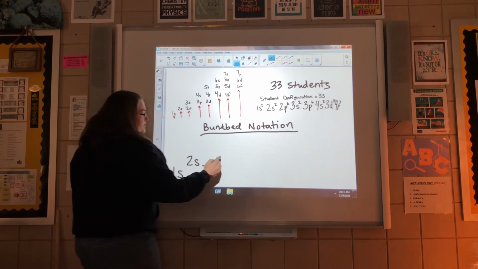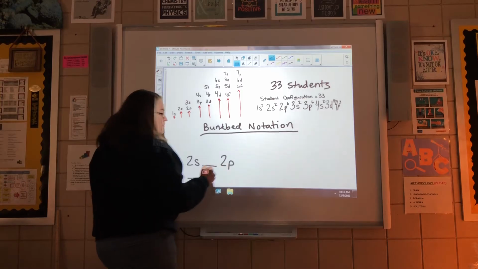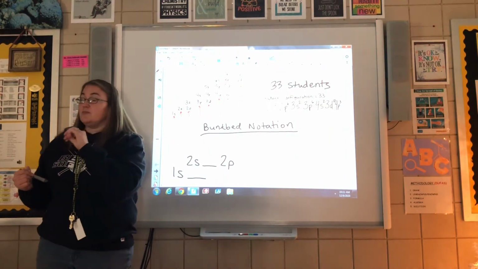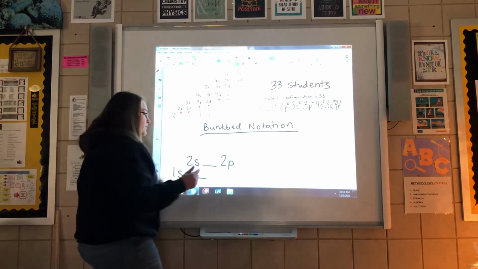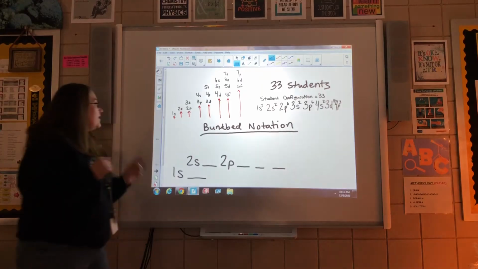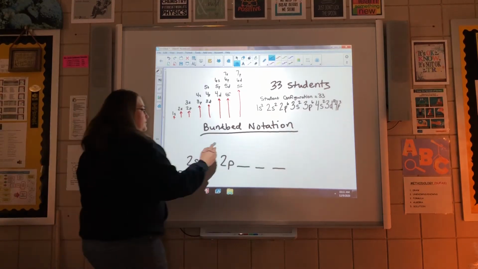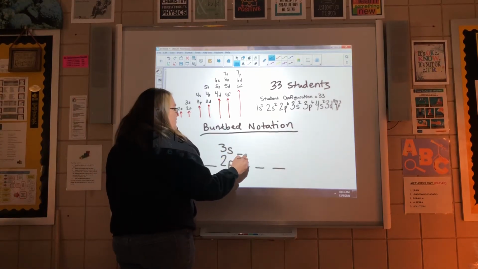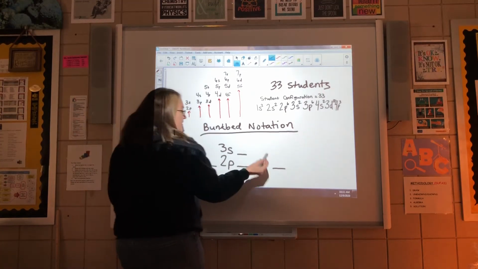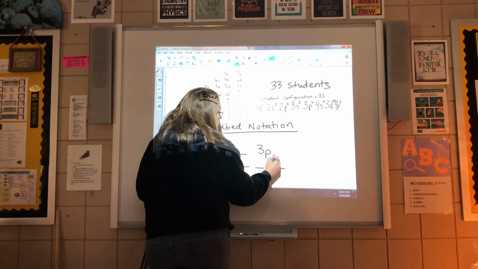And I know that I've got 2P. How many bunk beds does 2P have? 3 bunk beds. It can hold 6 people. So 2P, the party rooms have 3 bunk beds. 1, 2, 3. All right, and then I'm going to 3S. It has a bunk bed. I'm going next to 3P, which has 3 bunk beds.